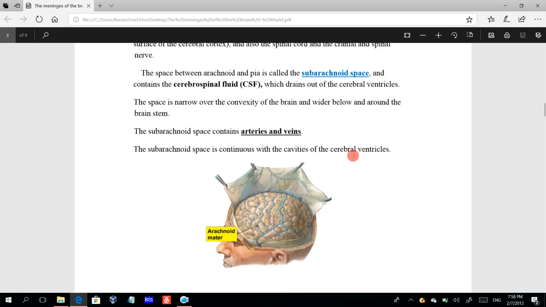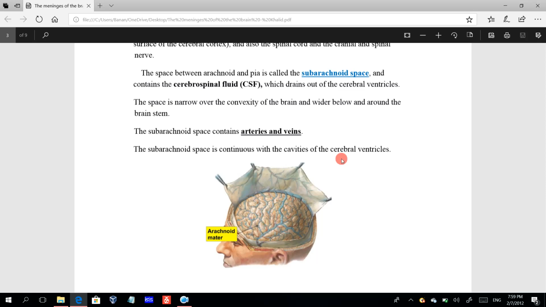You know, in the previous lectures, I think many lectures ago, when we talked about the ventricles of the brain, if you remember, we said that we have four ventricles: two lateral ventricles, the third ventricle, and the fourth ventricle.